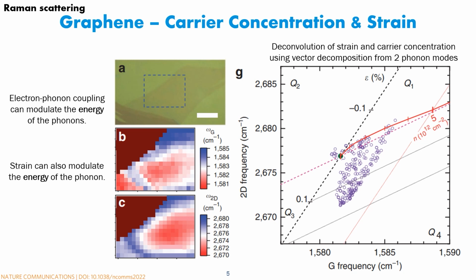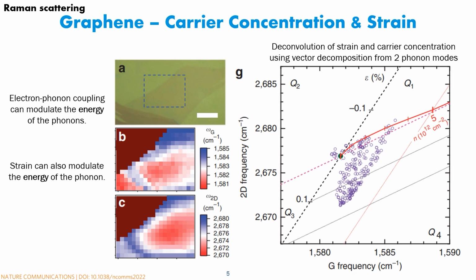Another example of measuring carrier concentration and strain in this case are in some 2D material systems. In particular, this is graphene, where a group identified that they could deconvolute the effect of both strain and carrier concentration and their effect on the Raman response via monitoring 2 different phonon modes within that particular material system.